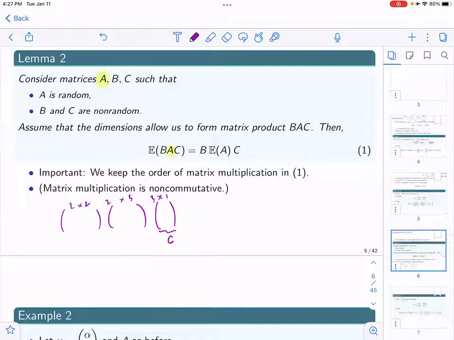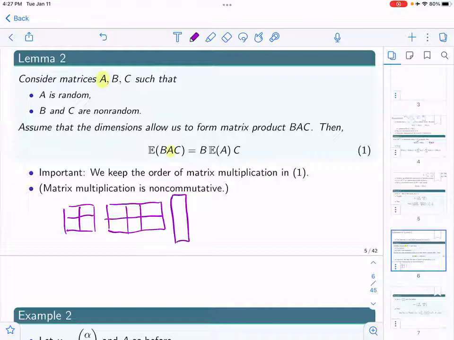So this would be C, this would be A, this would be B. So 2 by 2, 2 by 3, 3 by 1, could be anything. But this makes sense. The result is 2 by 1. Once you multiply everything out, you get 2 by 1.